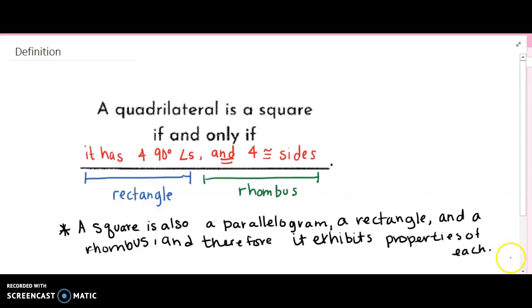Okay, so it has the properties of a parallelogram, a rectangle, and a rhombus.